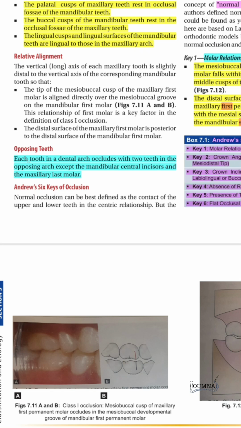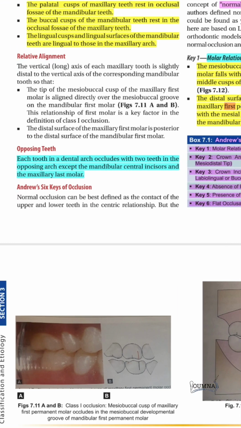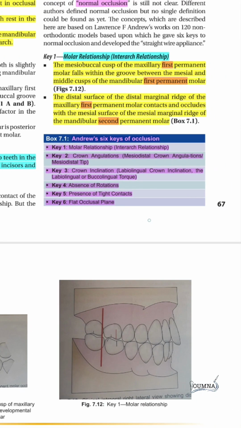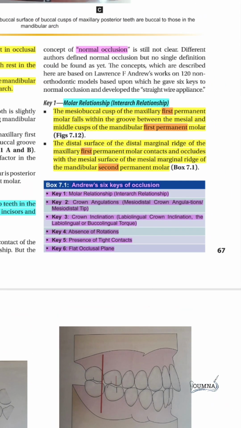We must know that each tooth in a dental arch occludes with two teeth in the opposing arch, except the mandibular central incisors and the maxillary last molar. Now, let's study Andrews' six keys of occlusion, which specify the normal occlusion.